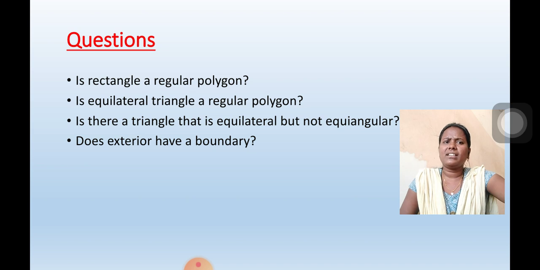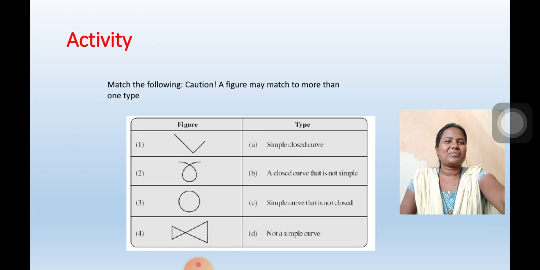Is there a triangle that is equilateral but not equiangular? That you have to think. Does the exterior have a boundary? Yes, I taught you what is interior and what is exterior. Does the exterior have a boundary? Yes, you only have to write.